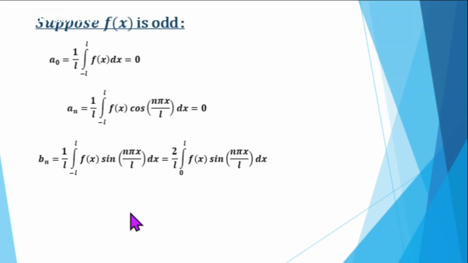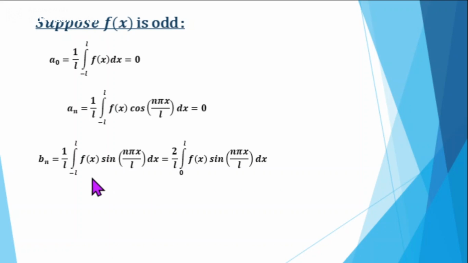Next, bn is equal to 1 by L integral from minus L to plus L f of x sin n pi x by L dx. Here f of x is odd and sin n pi x by L is an odd function. So this becomes a product of two odd functions, so we have an even function.